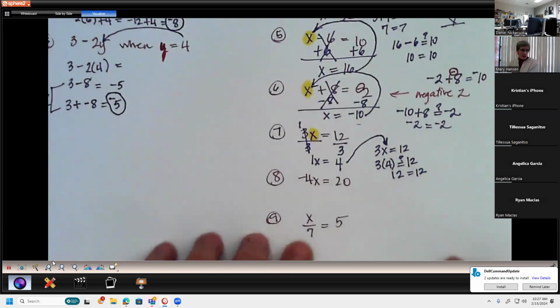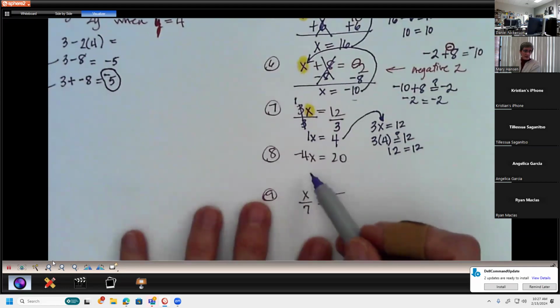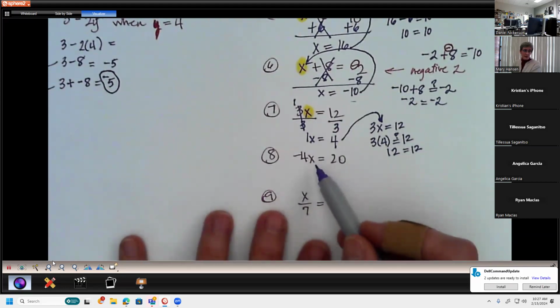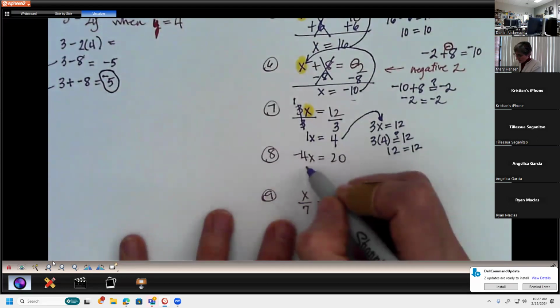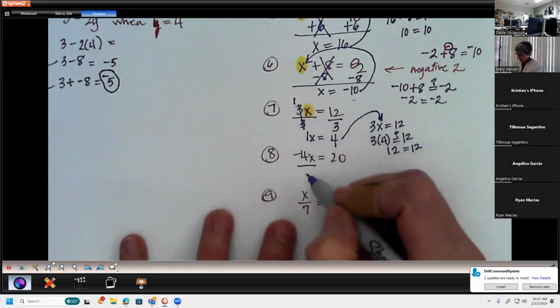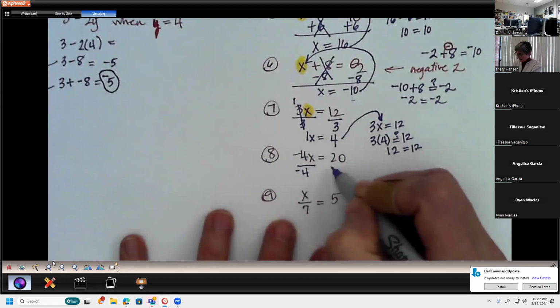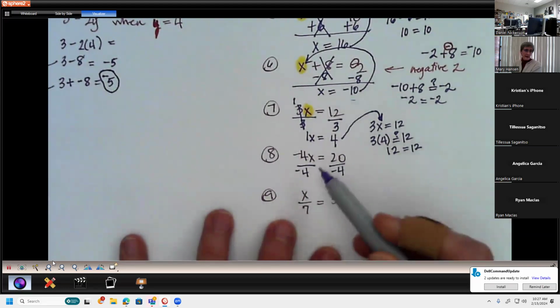Okay, great. All right, so number 8, again, I have multiplication. I have -4 times x. And so I'm going to get rid of multiplication by dividing. And I want to divide by -4.